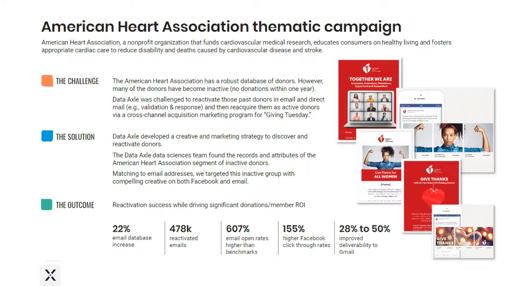What was even more interesting, and I wish we had sound for all the participants because we'd hear this gasp, is that most of these 6 million names came from peer-to-peer fundraising. We all know how exceptionally hard it is to get peer-to-peer folks to convert into a mission-based program. So they asked, how can we reactivate them? Digital acquisition's expensive and it's hard. So how are we going to do this?